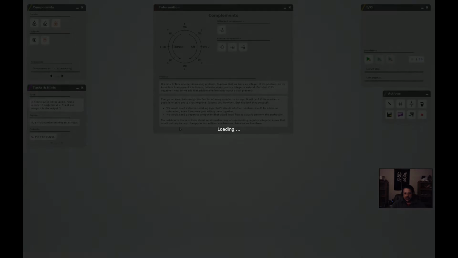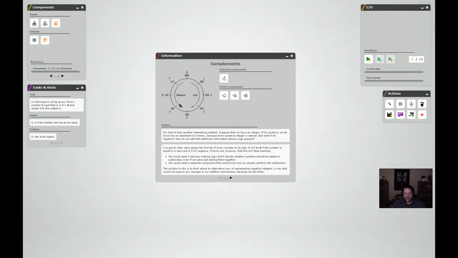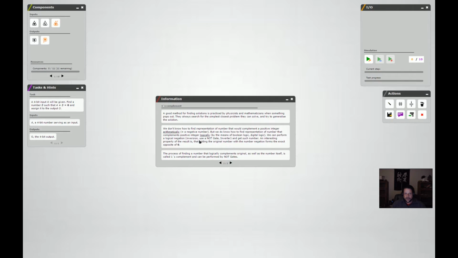So let's take a look at the next thing we're going to get into. This is called complements, and basically it's the beginning of learning how to subtract in binary. And that's what we'll be working on next time. Essentially, it amounts to finding the inverse of a binary number in order to negate it.